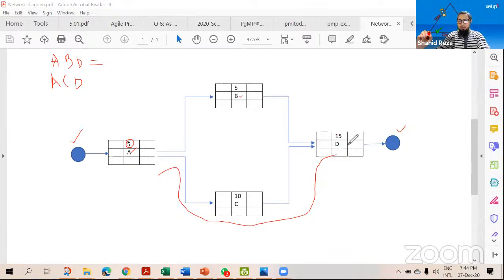So 5 plus 5 plus 15, that is 30. So 30 days is the length of this path.